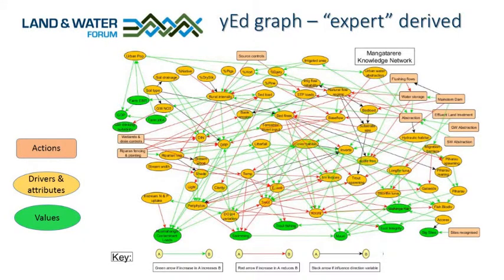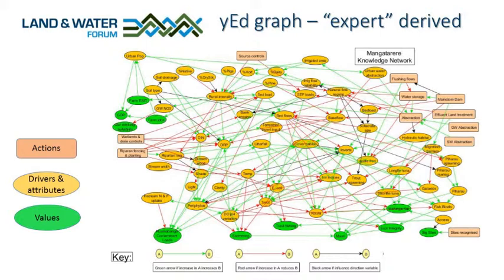Another even scarier looking diagram is this one here, which is very complex. This is a diagram that's been pulled together as an expert approach to the same problem of how we link up pressures and values through the whole system of causal linkages in the Mangatainoka. Now, this does look frightening.